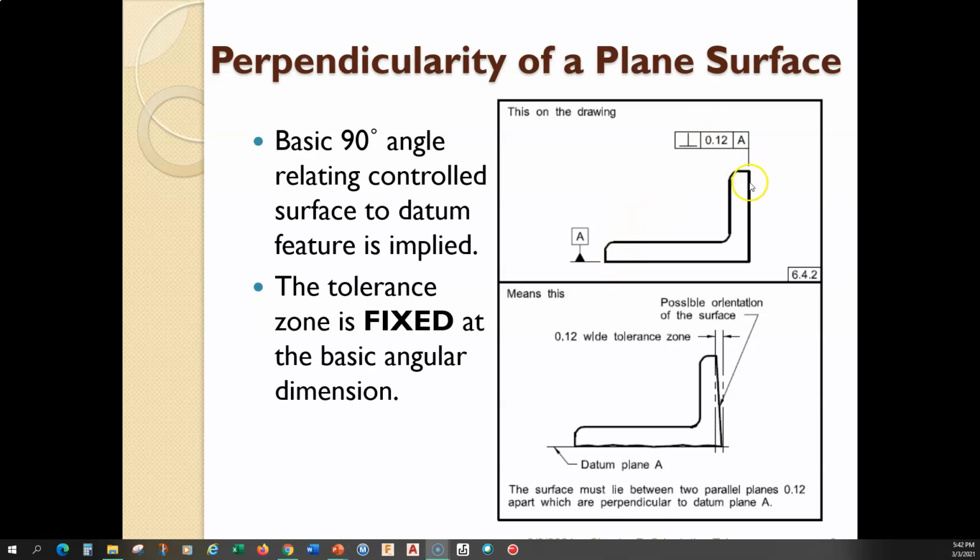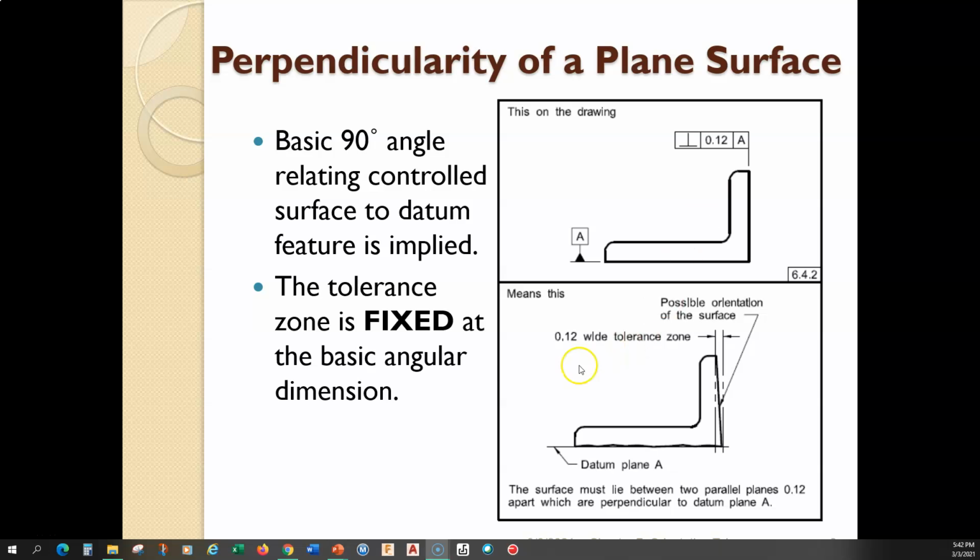If we want to hold this surface right here so that it is perpendicular to this bottom surface, then we call this bottom surface datum A, and then we point to this surface, or in this case use an extension line and hang the feature control frame off of it and say this surface must be perpendicular to A within the tolerance of 0.12 millimeters.